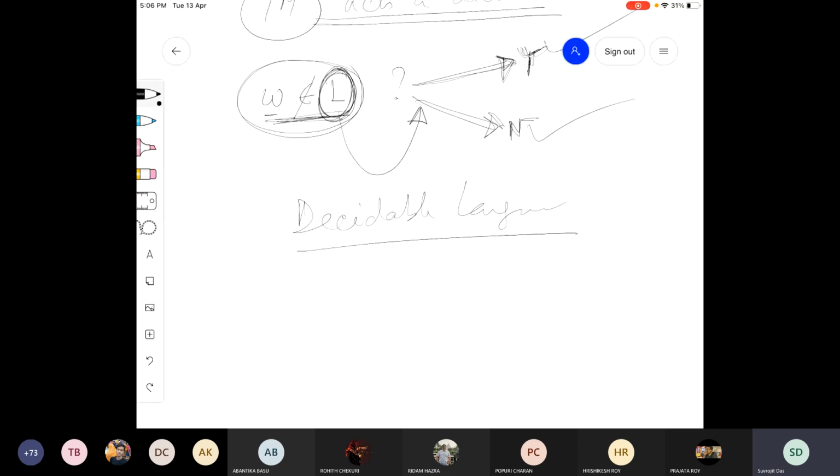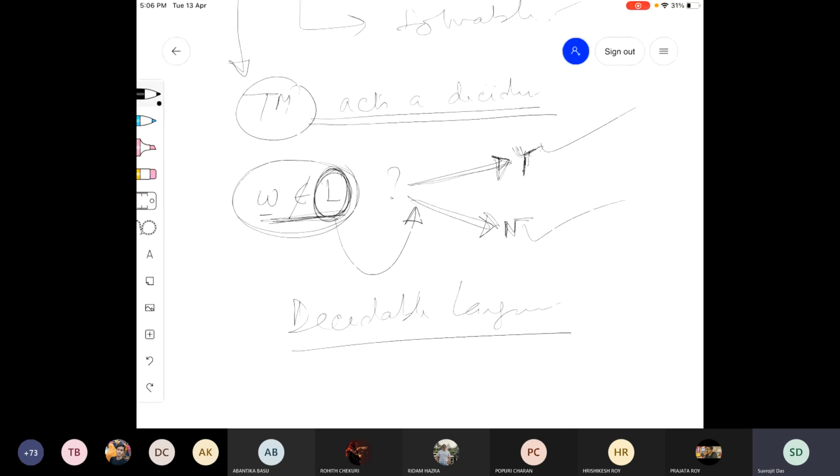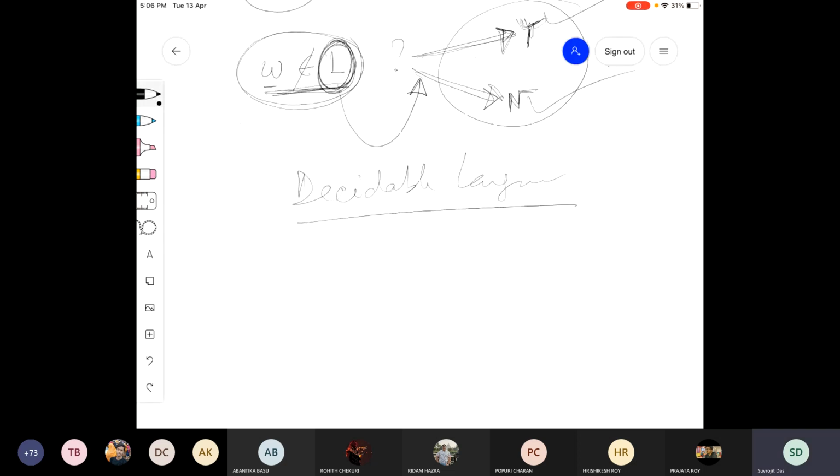That means obviously there should be other languages for which the Turing machine cannot say like this, right? Those languages are further characterized as Turing recognizable languages. In the case of Turing recognizable languages, if W is a member of L, then the Turing machine deterministically says yes, it is a member of L. If W is not a member of L, the machine may loop and forget to reject.